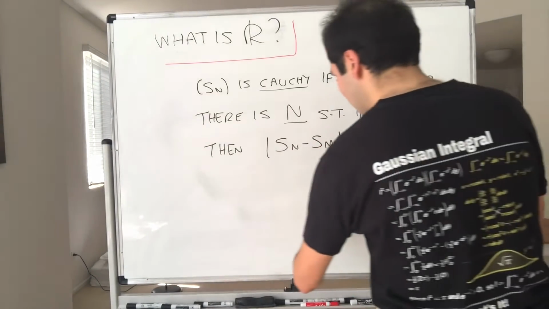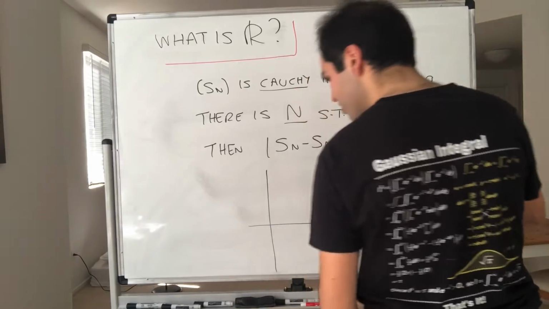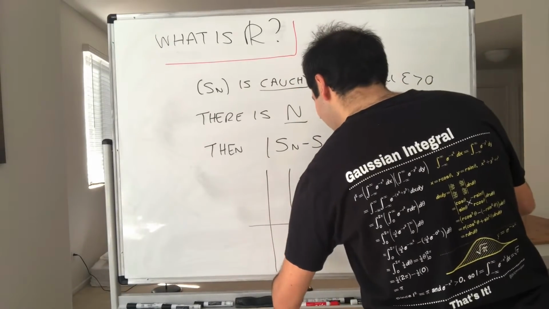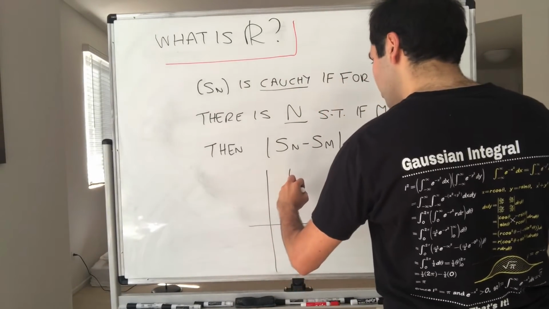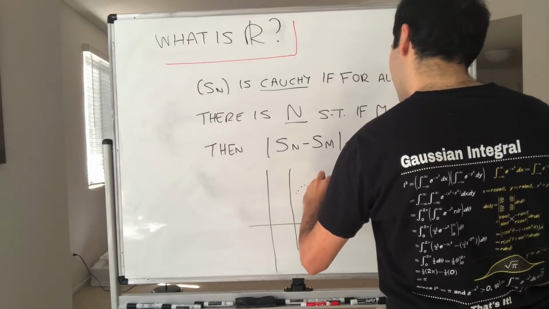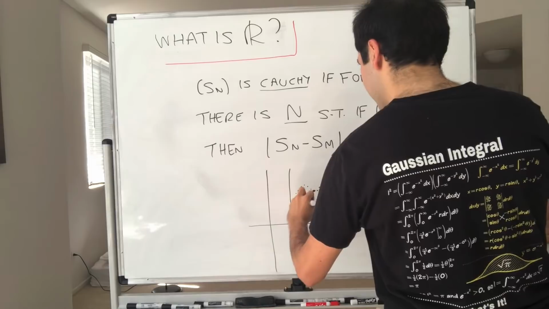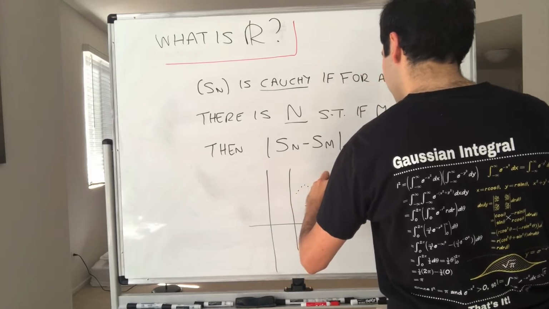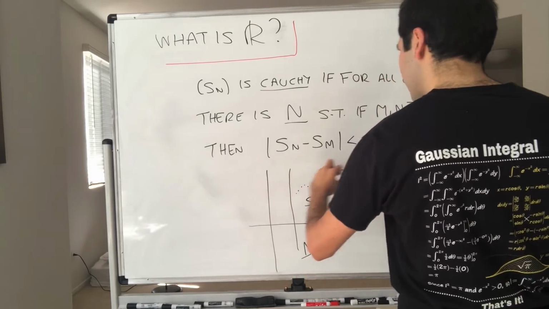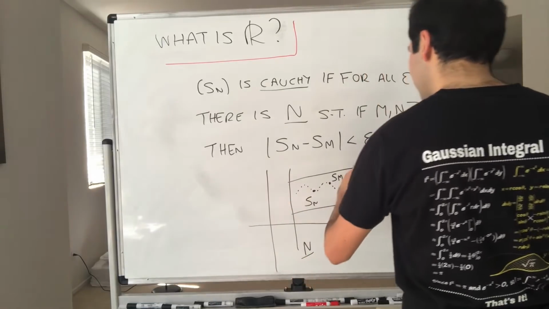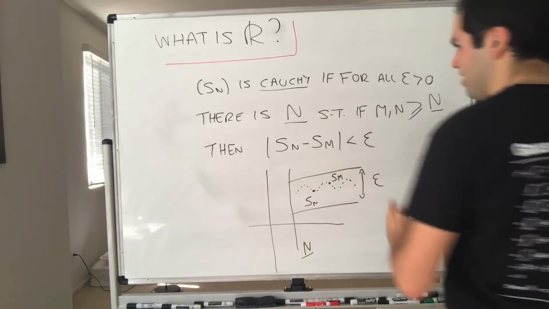In other words, if you consider your sequence, after that threshold, the values of the sequence are very close to each other. So if this is S_n and this is S_m, they're very close. In fact, they're within a region of size epsilon.